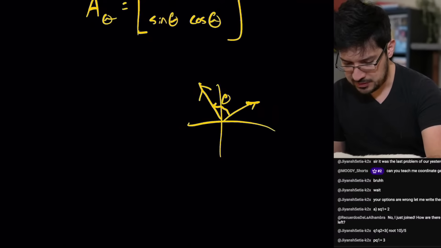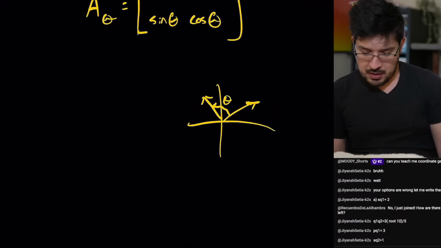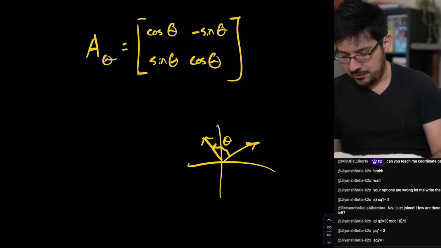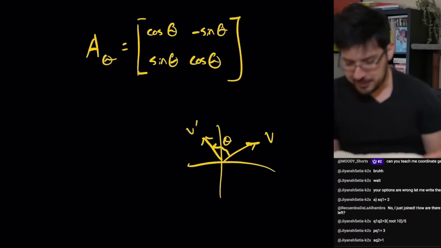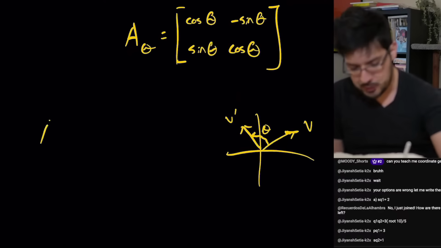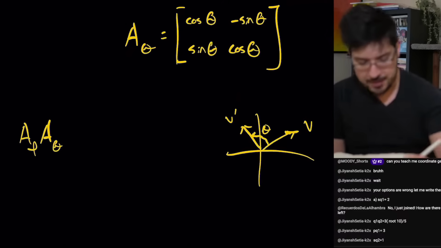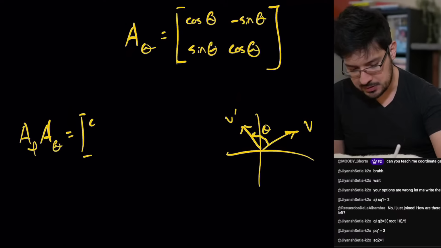Those vectors are different lengths, so that's a problem. So if we rotate by another angle, then we would multiply these two matrices.